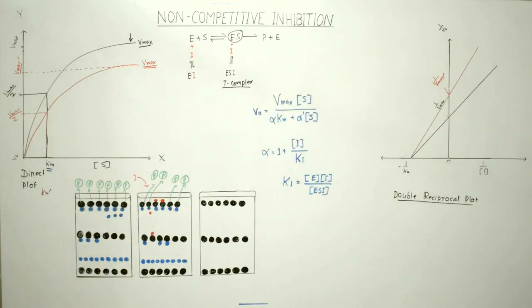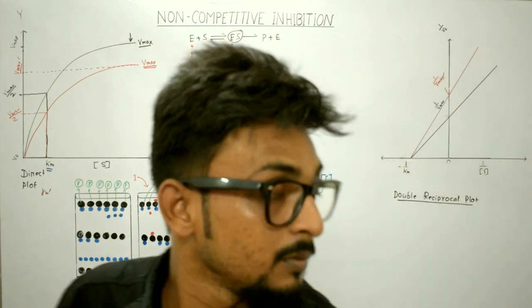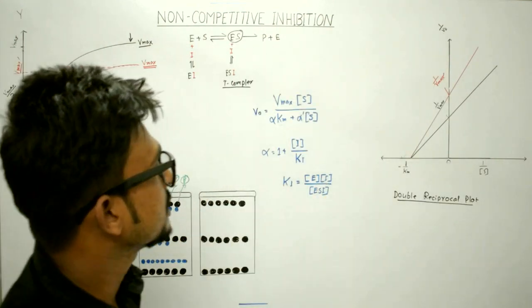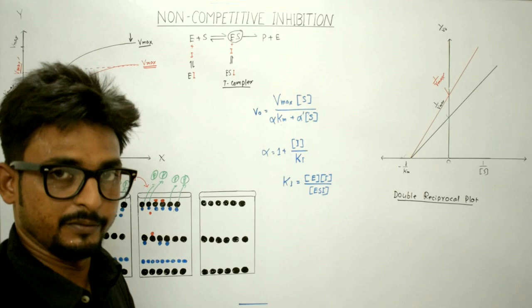Okay, this is the equation for this non-competitive inhibition.